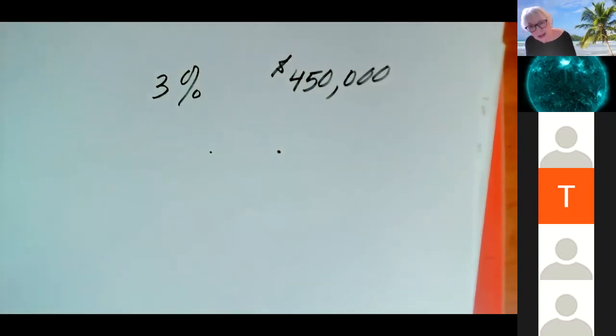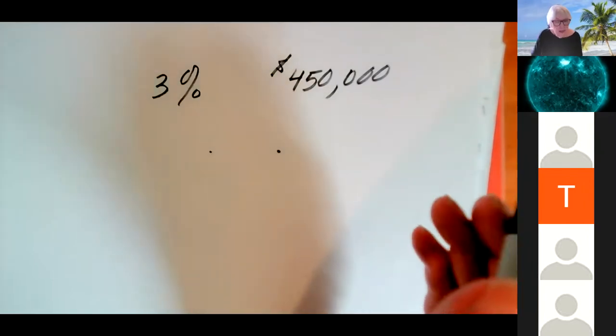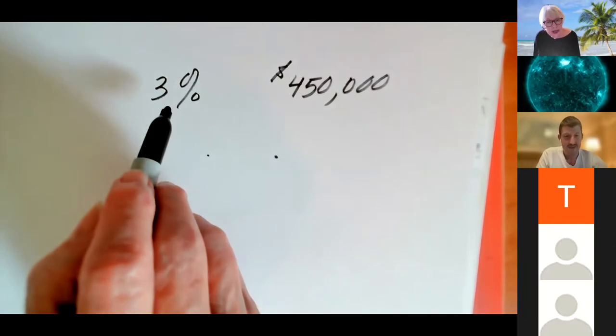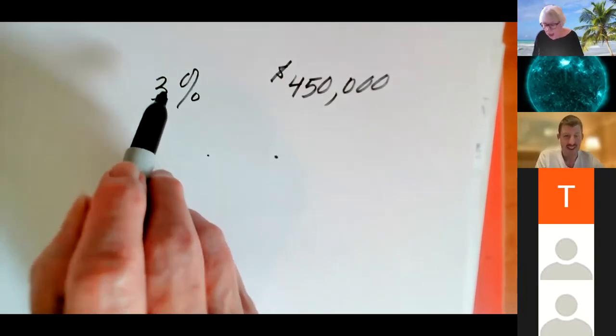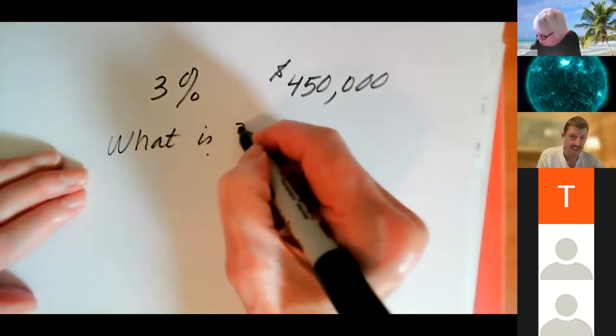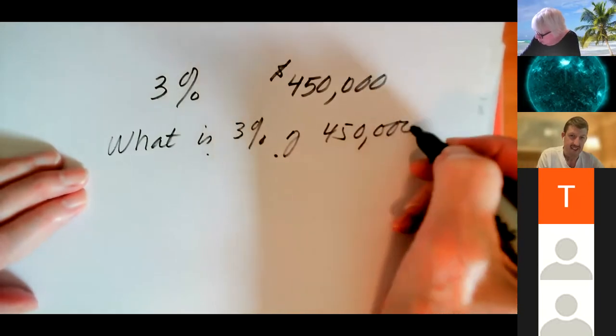You have to be outside of Seattle for that. I couldn't deal with that at all, so let's just pick this number. This is a commission that the real estate agent gets, 3%. So what is 3% of 450,000?